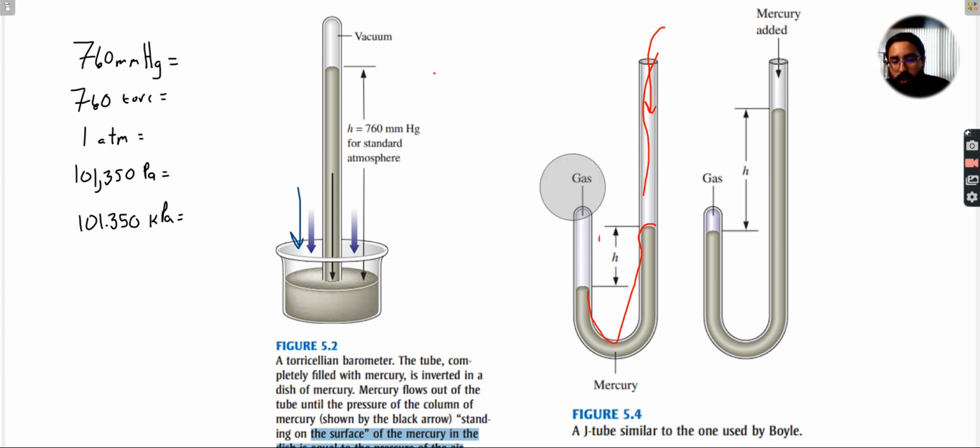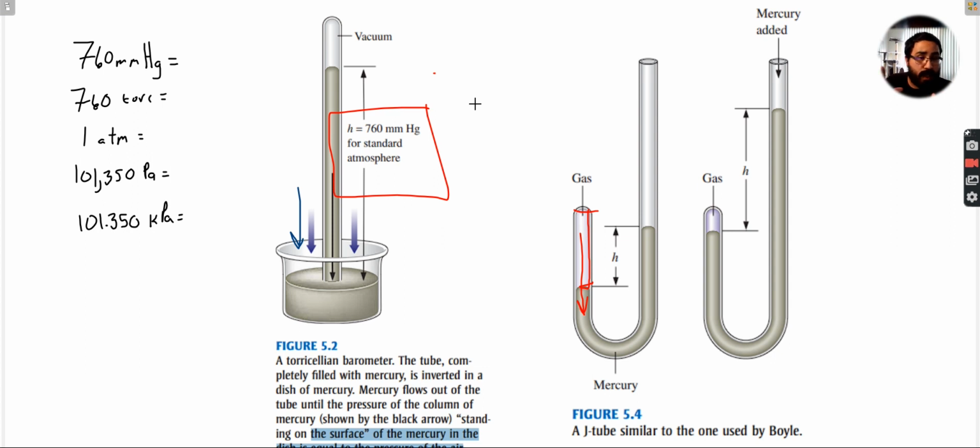Now, those gas particles will push back, and they'll create this distance. That pushback is the pressure of the gas. So he knew that the room temperature was 760 mmHg, and through those ways, he was able to determine the pressure of the gas.